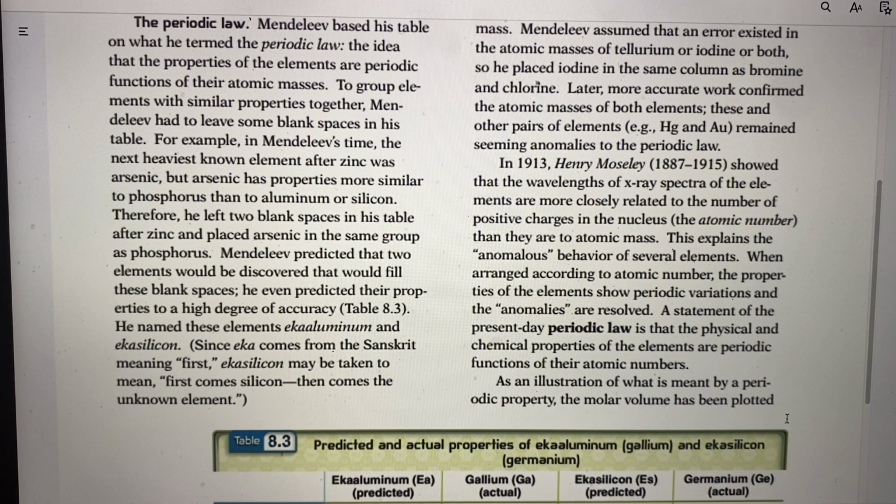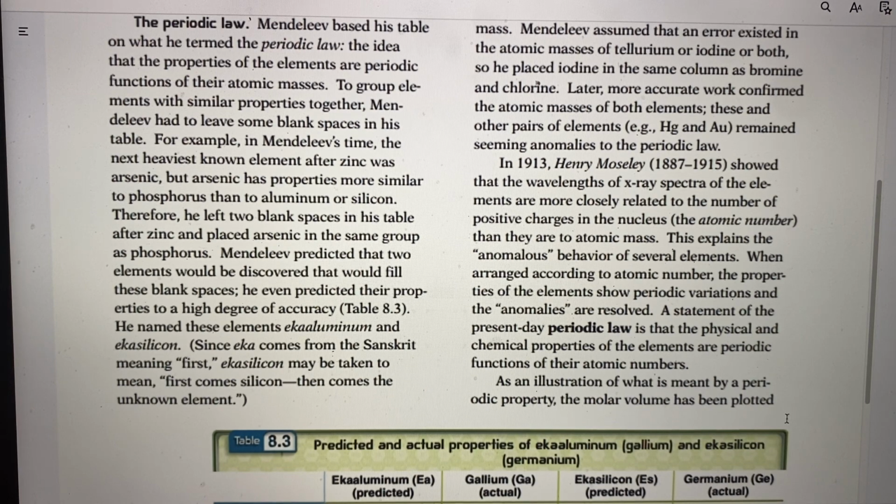And so he said, my goodness, this table is done on atomic mass. Remember, atomic mass is the protons and neutrons, the mass of the atom. But he said, really, they go by the atomic number, which is protons. And actually, the number of protons equals the number of electrons.